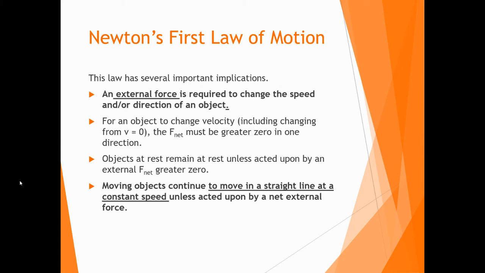Objects at rest remain at rest unless acted upon by an external net force that's greater than 0. And moving objects continue to move in a straight line at a constant speed unless they're acted upon by a net external force. So there's a lot of things that are wrapped up into this one very simple statement of Newton's first law of motion.